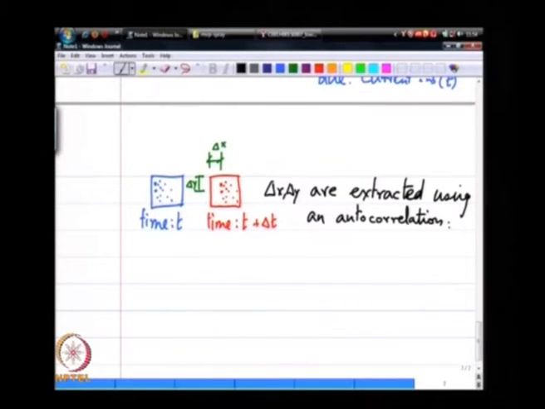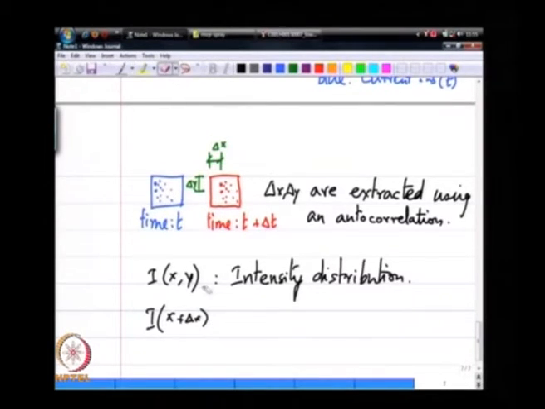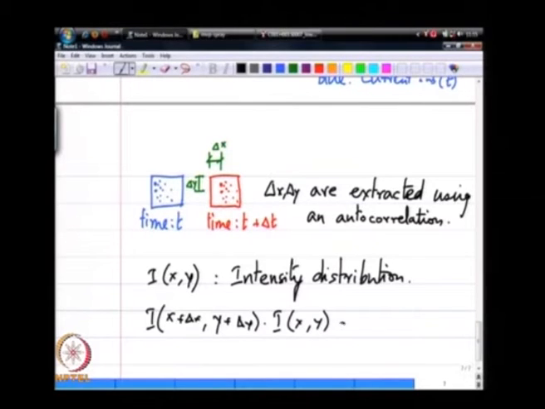okay, what does this do? Essentially, if inside this pixel I have an I of x comma y, which is like an intensity distribution. You could imagine this as just being a grayscale distribution, and if I take I of x plus delta x and y plus delta y times I of x comma y.